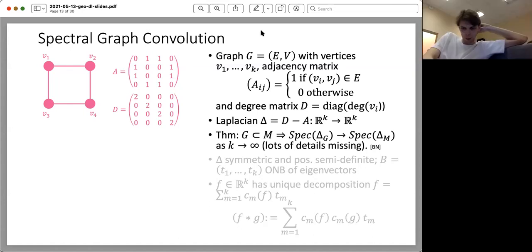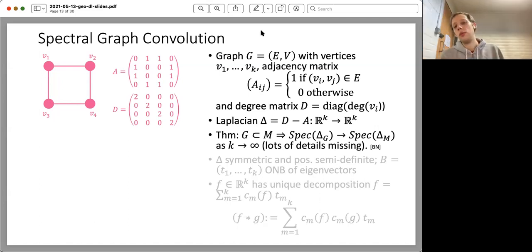Well, in this case, you will have that the spectrum of the graph Laplacian converges to the spectrum of the smooth Laplacian. But you still have to say what it means for two sets to converge to each other. Yeah, okay. But true, it removes some of the difficulty from stating the theorem.